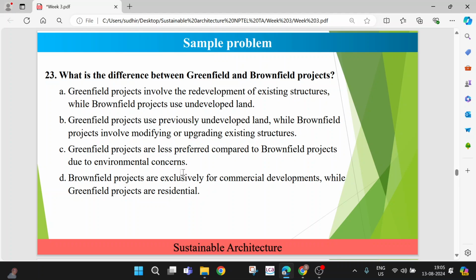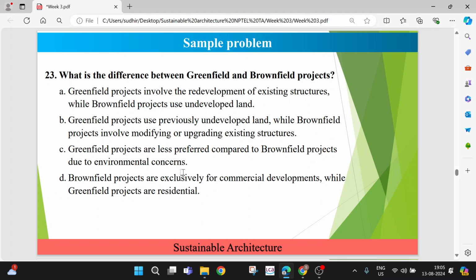They are unused lands. So greenfield projects are developed on previously unused land, while brownfield projects involve redeveloping or upgrading existing sites that have been previously used. Both definitions of greenfield and brownfield, I think, are clear now.